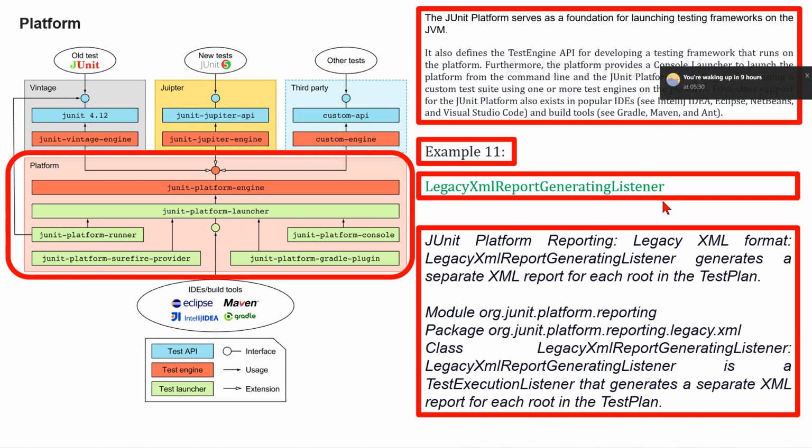Note that the generated XML format is compatible with the de facto standard for JUnit 4 based test reports that was made popular by the Ant build system. The legacy XML report generating listener is used by the console launcher as well.